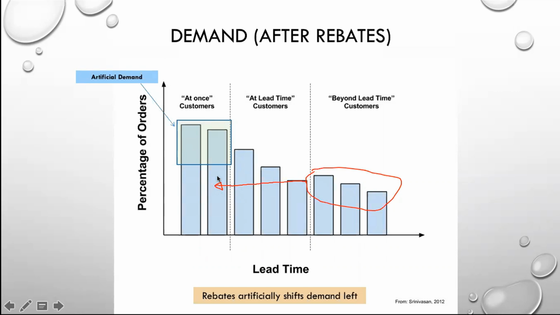Which, as I said, if there's a large inventory and you have control over it, that's fine. But just realize that when you do this, your forecast, if you use this recent information, is going to distort the actual demand that'll be used in your forecast. So just keep this in mind when you deal with your rebates and when you deal with your forecasting after a rebate.